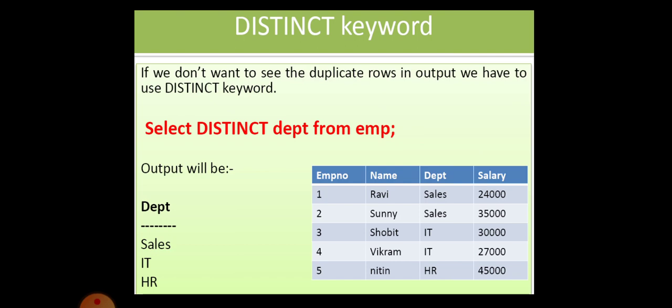Even though there is more than one record having the sales department, it will display only one sales record. That means it will omit, or eliminate, the duplicates.